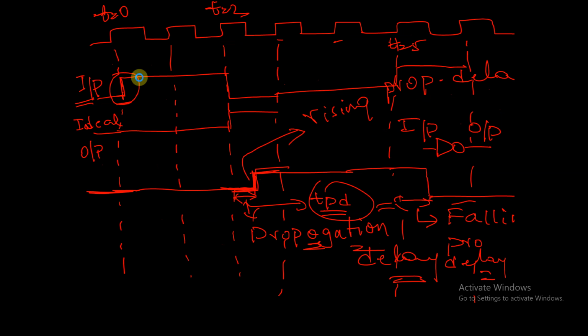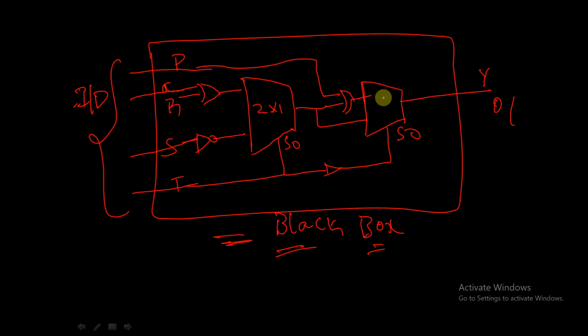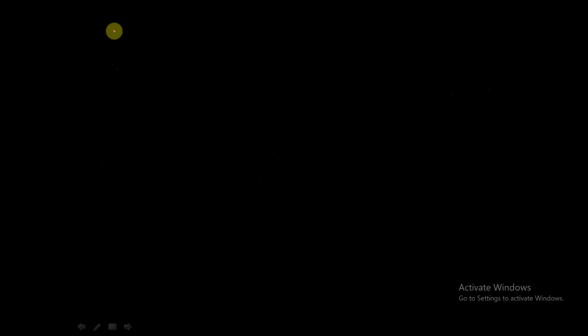So what are all the paths available for the input to propagate and reach the output? Can you help me with this?